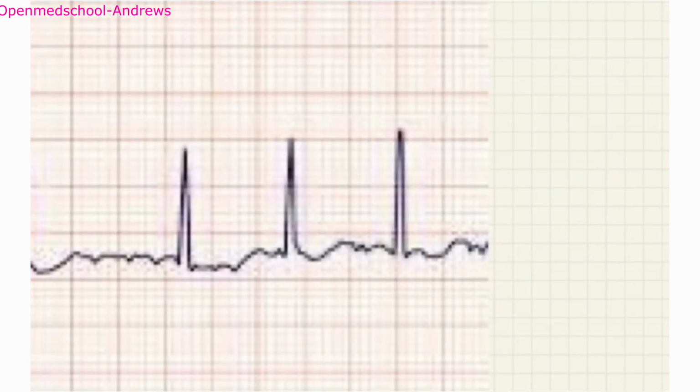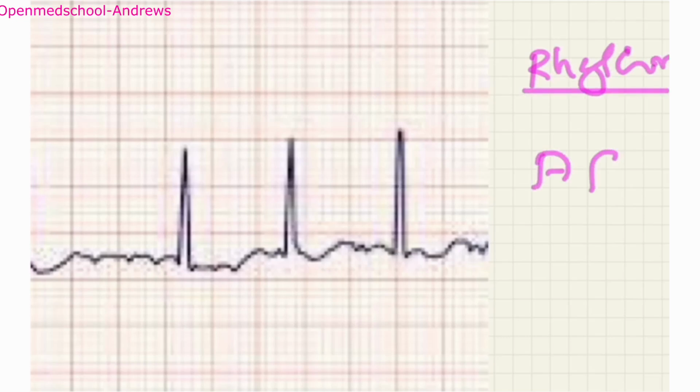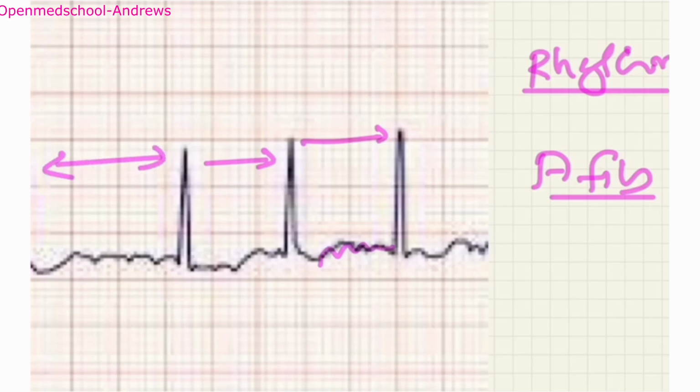So we have discussed the rate. Now we think about the rhythm. Among the rhythm abnormalities, the most important is atrial fibrillation. Any condition that leads to atrial fibrillation can lead to stroke. Here you can see the baseline is undulating, there is no P wave, and the heart rate is irregularly irregular.